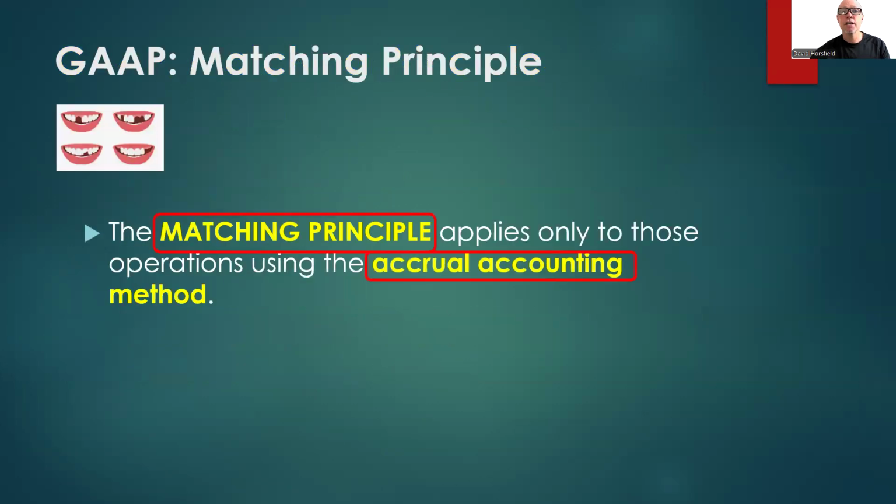This matching principle applies to one of the very first questions we had in the course, which was to talk about cash accounting and accrual accounting. The matching principle ties itself to the concept of accrual accounting, which we're going to start to unpack a little bit more.